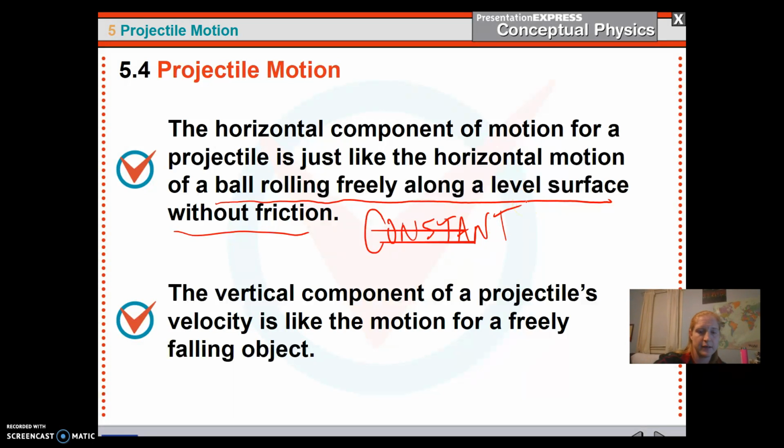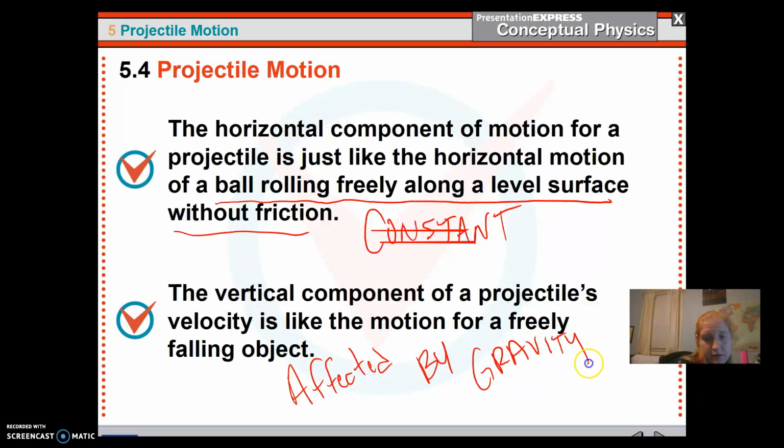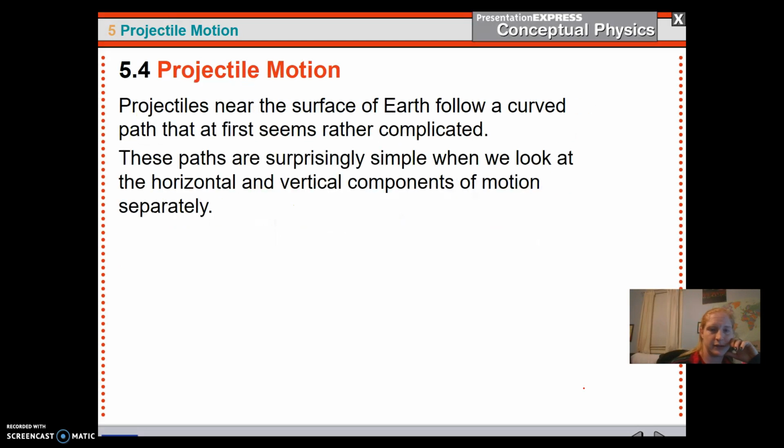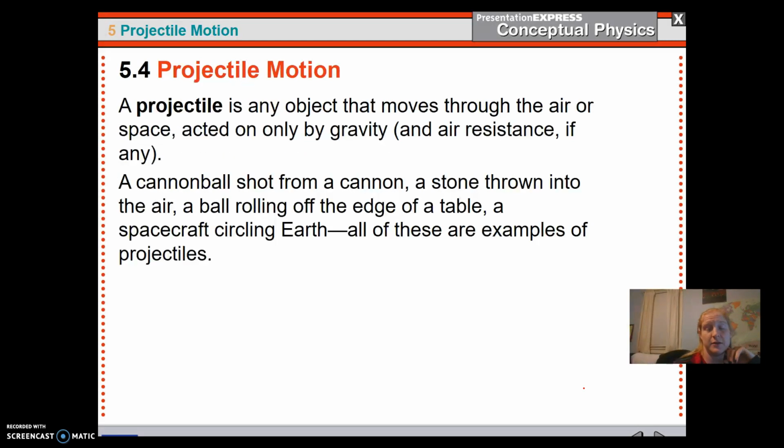Vertical is affected by gravity. A projectile that moves through the air is acted on only, oh look, I just said that. So here we go. We're going to talk about a cannonball or a stone. We're going to talk about these.